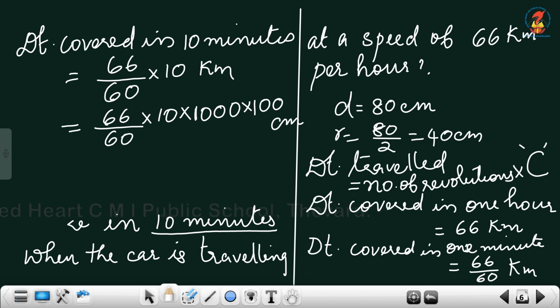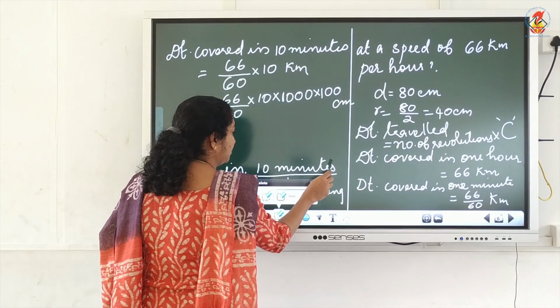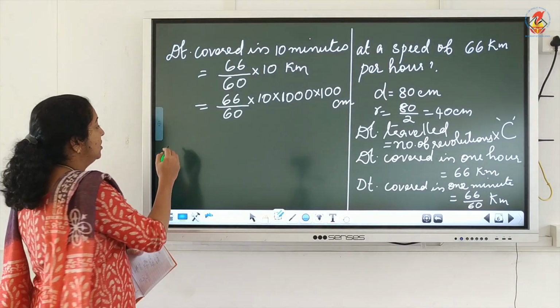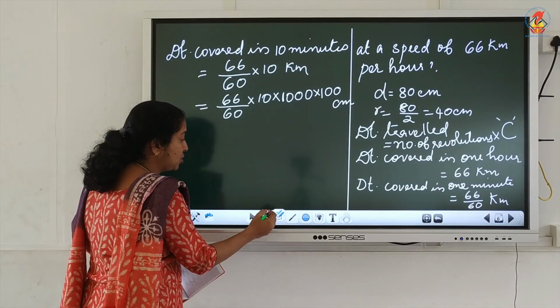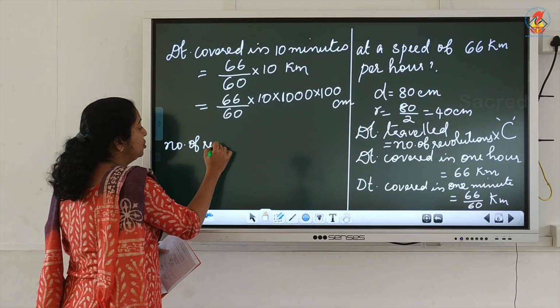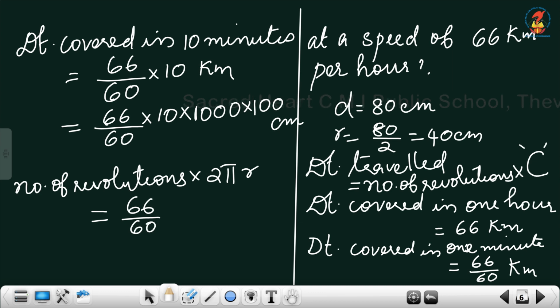So, actually distance travelled is equal to number of revolutions into circumference. So, we have to equate. This is the total distance covered. So, number of revolutions into 2 pi r is equal to 66 divided by 60 into 10 into 1000 into 100.